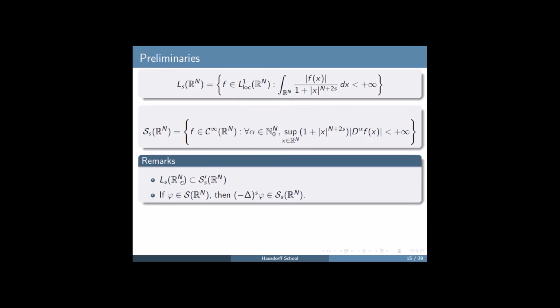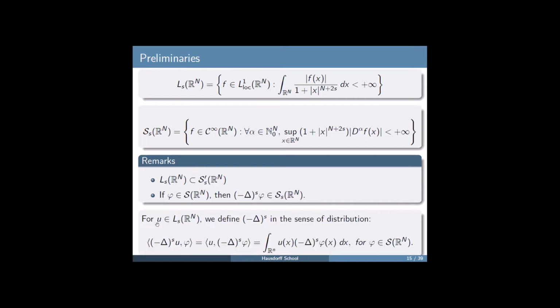First of all, the space L_s(R^n) is a subset of the topological dual of this set here. Moreover, if you take a Schwartz function, then its fractional Laplacian is in this space, okay? So we may define for functions in L_s(R^n) the fractional Laplacian in the sense of distributions as follows, for any Schwartz function phi.